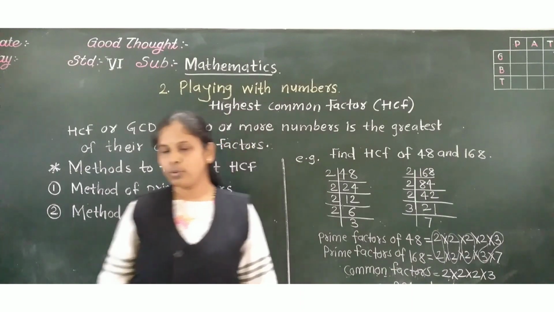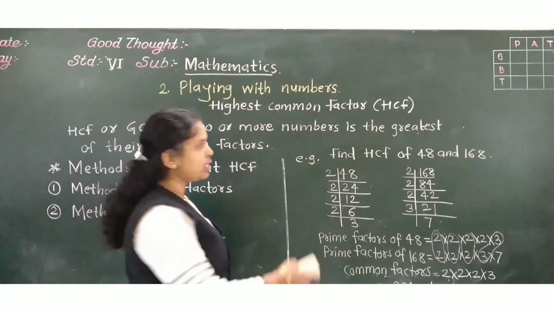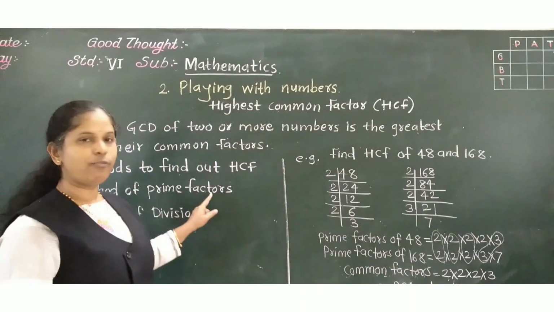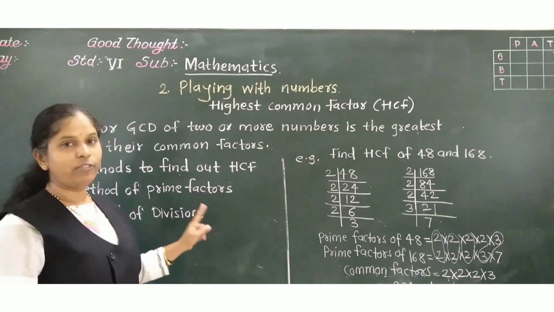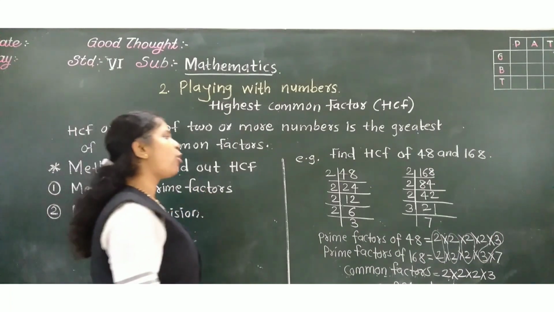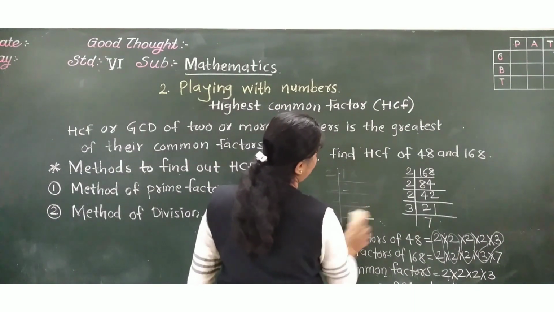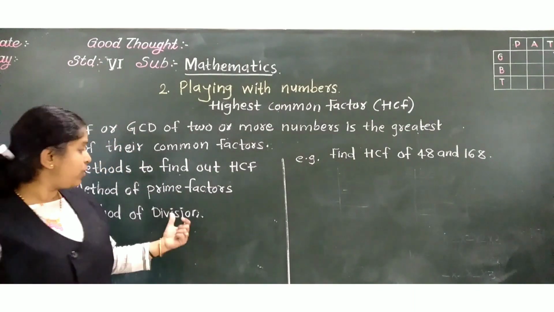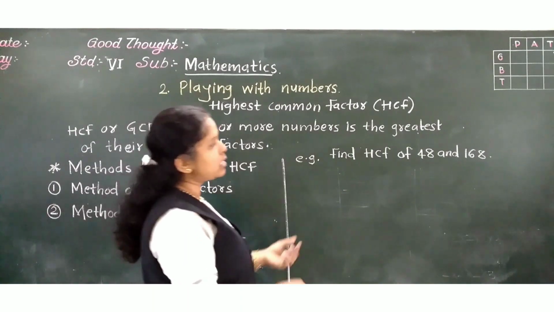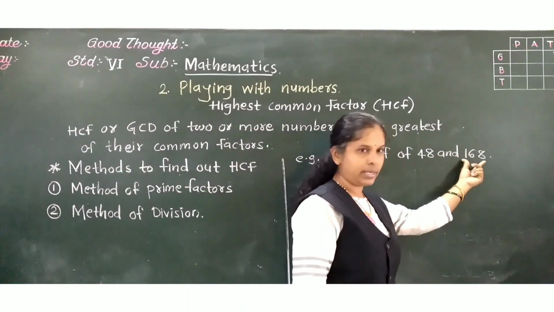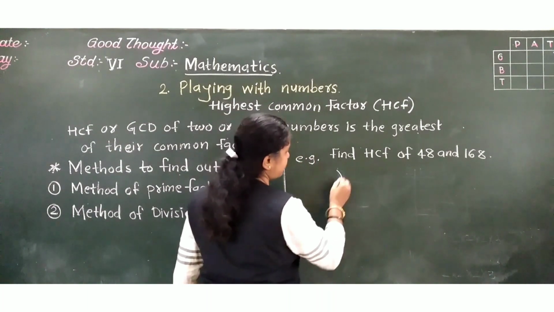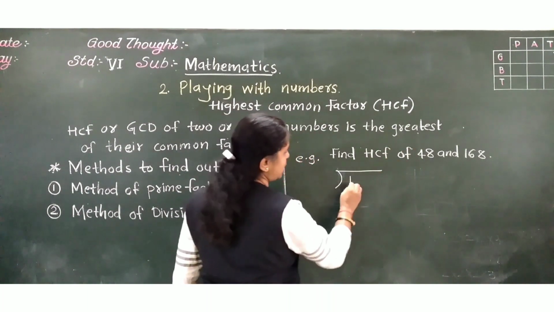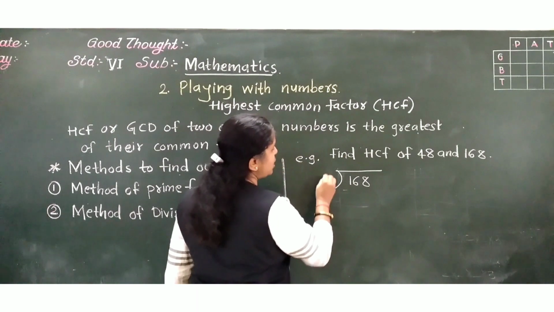Now, this was the method of prime factors. Now I will show you the method of division. This is also one of the easiest methods. Method of division means you have to divide the greatest number by the smallest one. Here the greatest is 168, the smallest is 48.